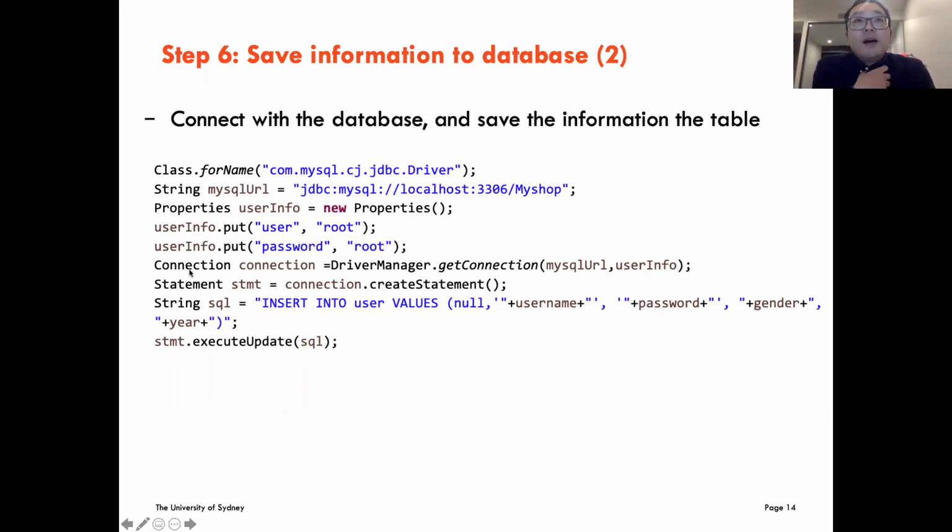And now this line, connection, is the step where we connect with our database. And this SQL line is the most important piece of information. You can see that I'm trying to insert some values into the user table. And what are the values?